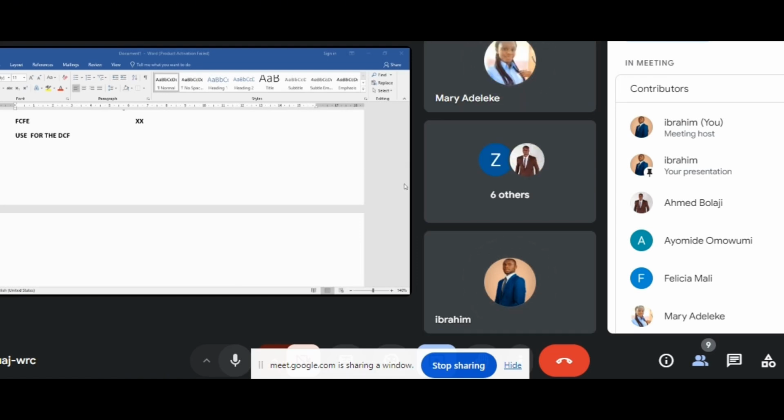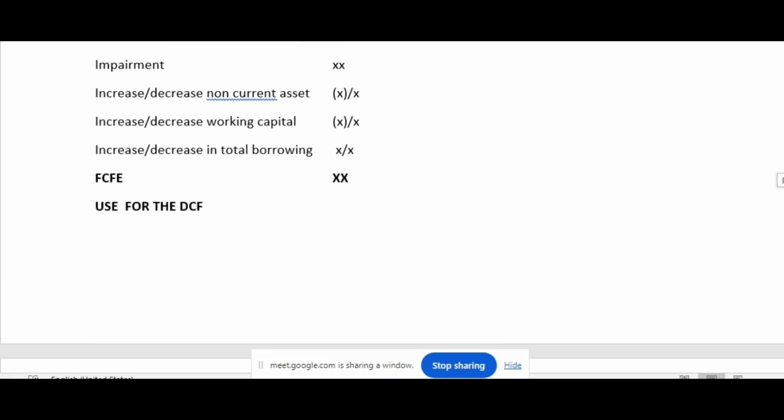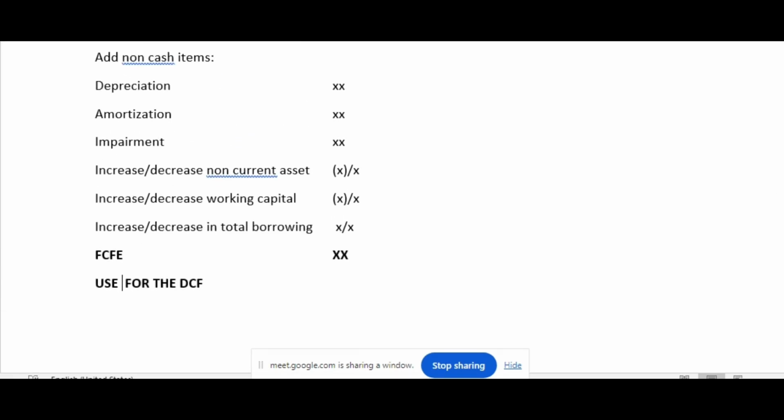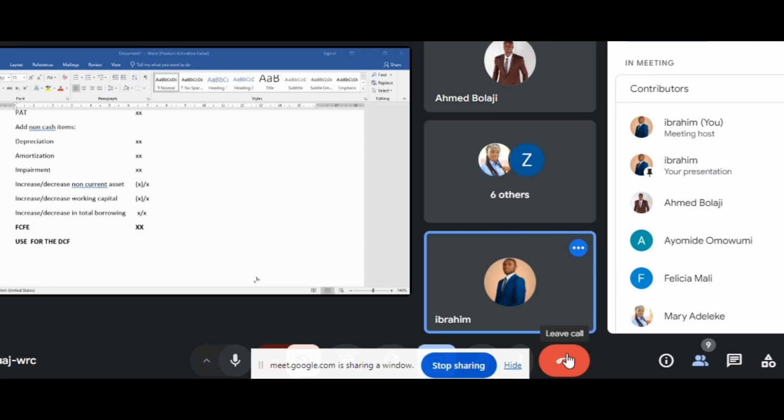Yes, sir. When there is an increase in borrowing, it is going to increase the cash flow. Oh, it will increase the cash flow. Thank you so much for that. Who mentioned that? Okay, Mary. Good.